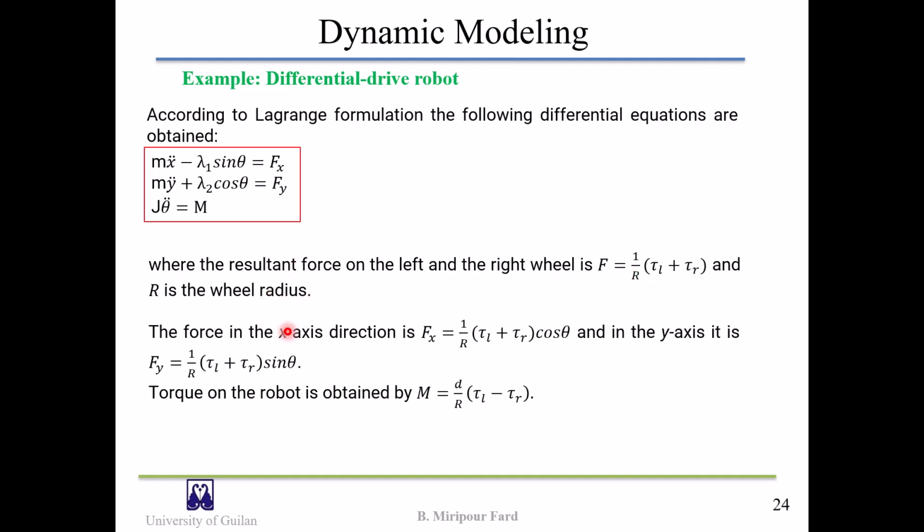The force in the x-axis direction is equal to tau L plus tau R over R times cosine of theta, and in the y-axis we should multiply this by sine of theta. And the torque on the robot is obtained by tau L minus tau R times d over R and is denoted by M.